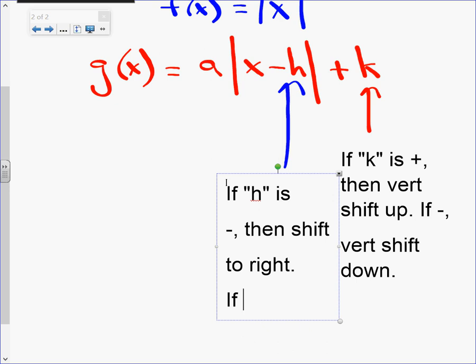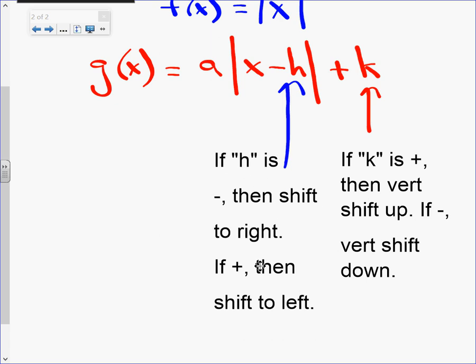If h is positive, then shift to the left. If h is negative, right? So we're going to the right. If it's positive, then we're going to the left. That was warm up.